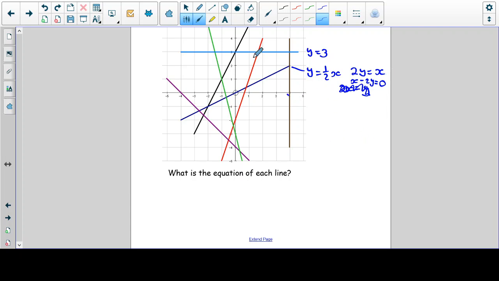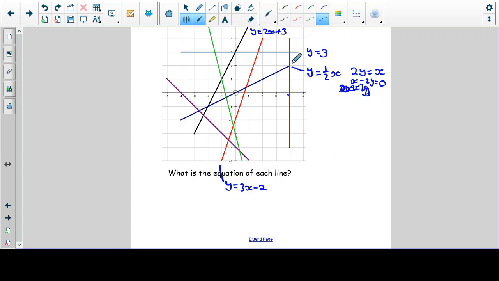The black line, for every 1 across, it's going 2 up, so the gradient is 2. And the y-intercept is 3. Red line, if we start there, we can see that for every 1 across, we go 3 up. So for the red line, we've got y equals 3x, and a y-intercept here of minus 2.